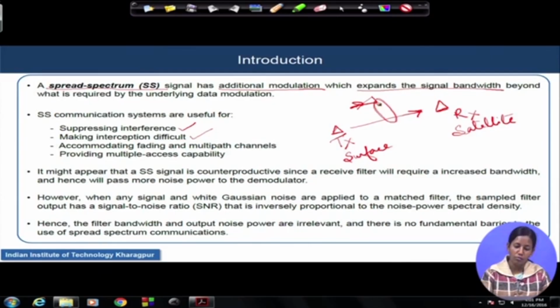So he will always try to intercept what is there in air, and if he understands the frequency of your transmission, he will try to detect whether there is some communication going on in that frequency or not. If it is my enemy flight, he will also try to jam my signal.